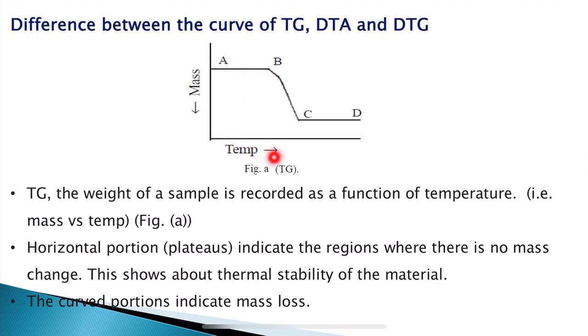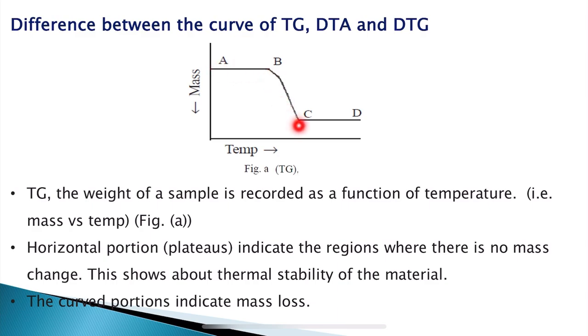If you see the arrow mark, here the increase in temperature takes place, and in the y-axis the decrease in mass takes place. So if we have a horizontal portion, suppose this is 100 degree centigrade and this is 500 degree centigrade, the sample is thermally stable up to 500 degree centigrade.